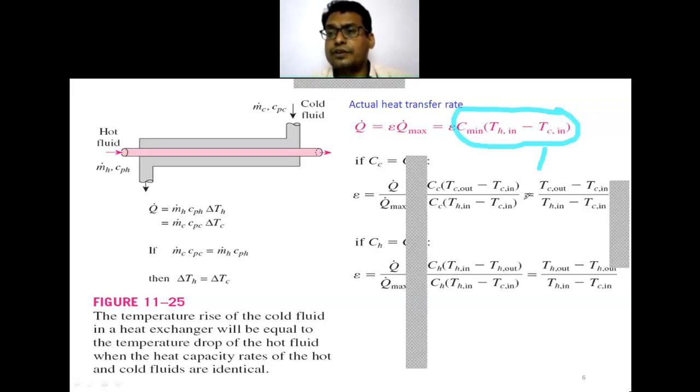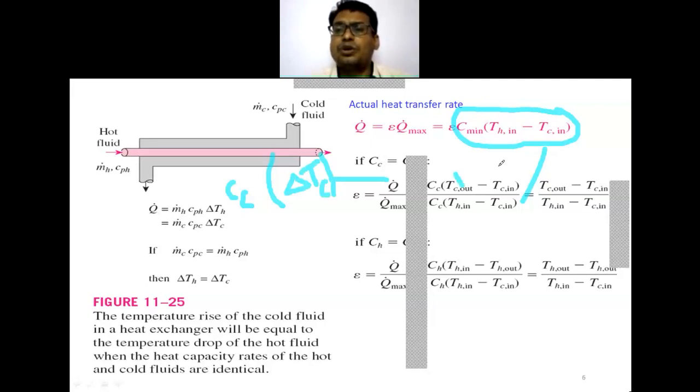This can be written here. And the actual heat transfer is nothing but Cc, considering the cold fluid, times the temperature difference on the cold fluid, delta Tc. So delta Tc is nothing but Tc out minus Tc in.